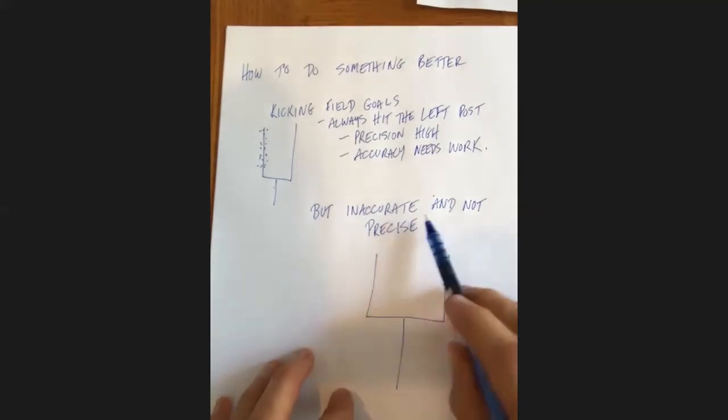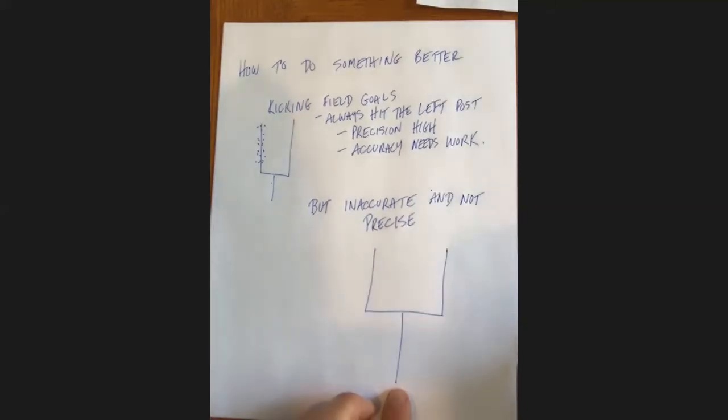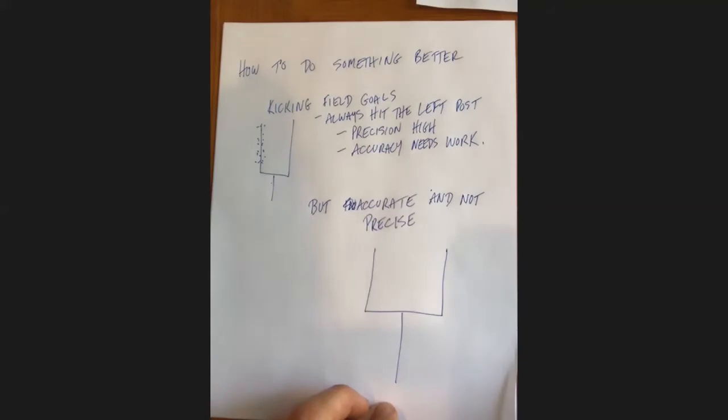And now where do I draw on the posts for the one that you're describing? But accurate. Oh, so you want me to be accurate but not precise? Yeah. So what does that one look like? You'd get a good amount of field goals, but they'd be all over the place.